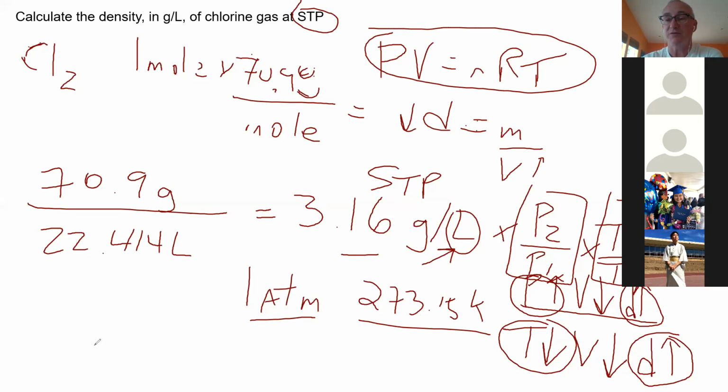If my pressure changes, what happens to my volume? And since density is inversely related to the volume, whatever change happens to volume will have the opposite effect on the density. Okay, that got way more complicated than I wanted it to. I just showed you what you would do if you had a change in temperature or pressure. We'll talk more about this on Thursday.